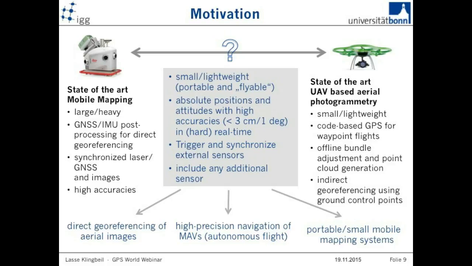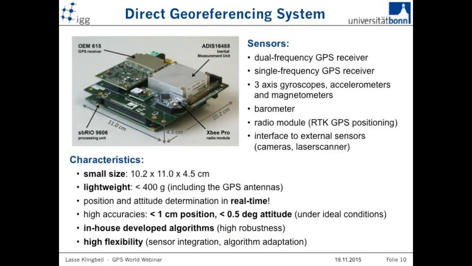This is the system we developed. It's based on a dual frequency GNSS receiver. It has a single frequency GNSS receiver. This is to build a small, short baseline on the UAV.